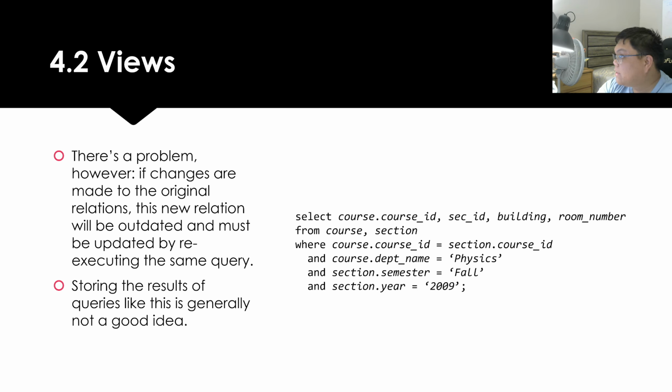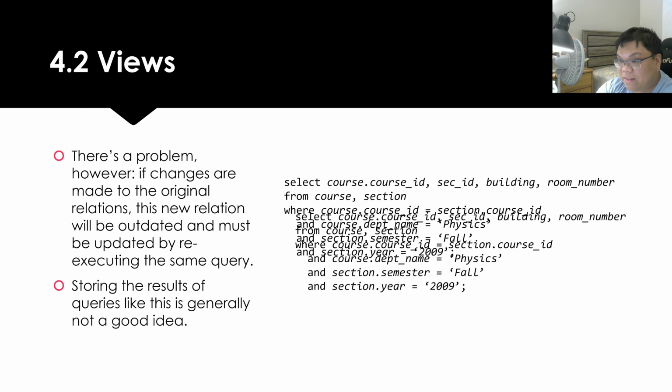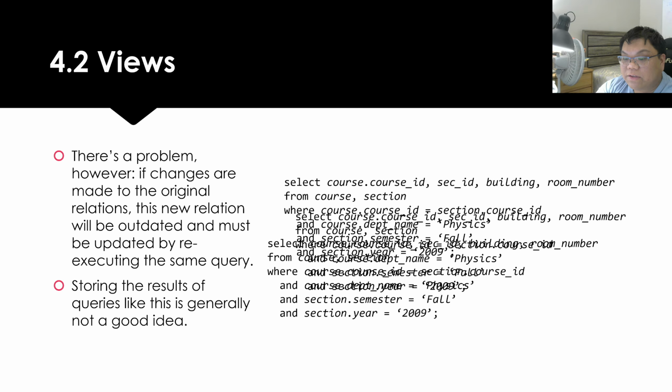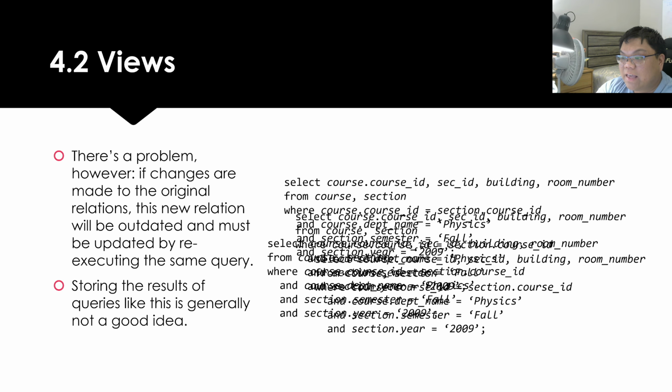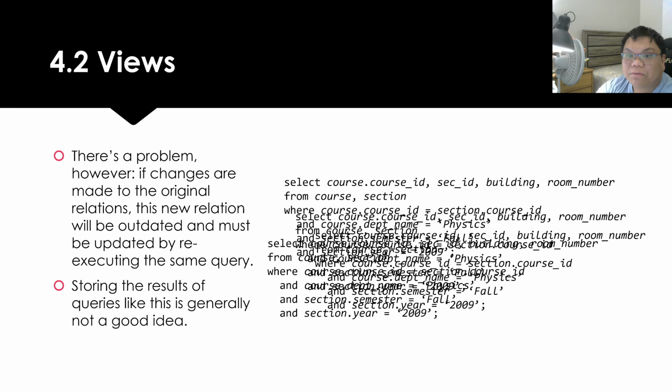If we make changes to the original tables, course and section, we have to update the table for Fall 2009 physics courses. Every time we change course and section, we have to update the fall 2009 physics classes table. So storing the results of a query like this is generally not a good idea because we have to update it every single time.